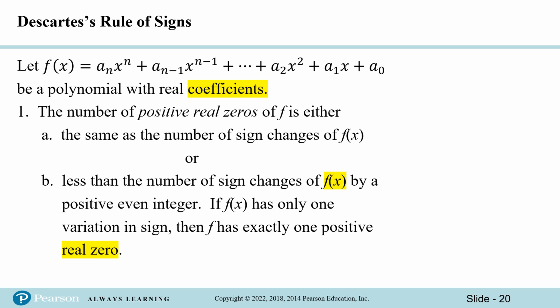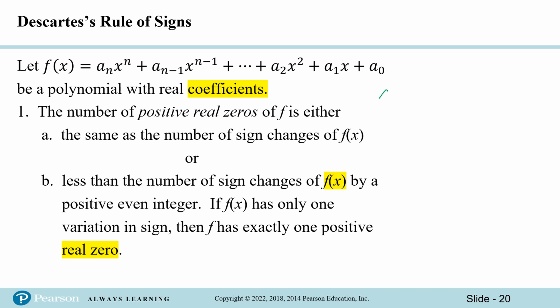Okay, Descartes' rule of signs. The number of positive real zeros is either going to be the same as the number of sign changes of f of x. What do we mean by sign changes?